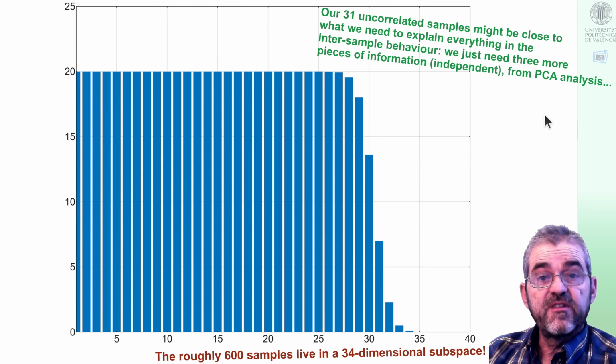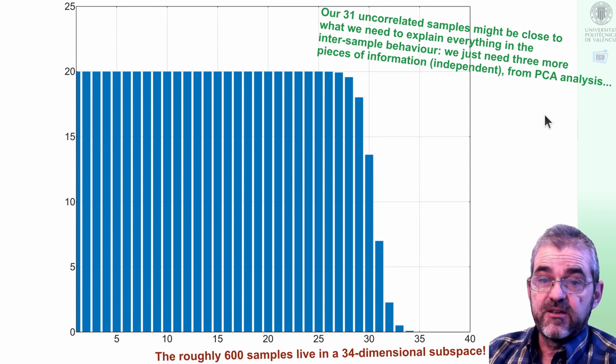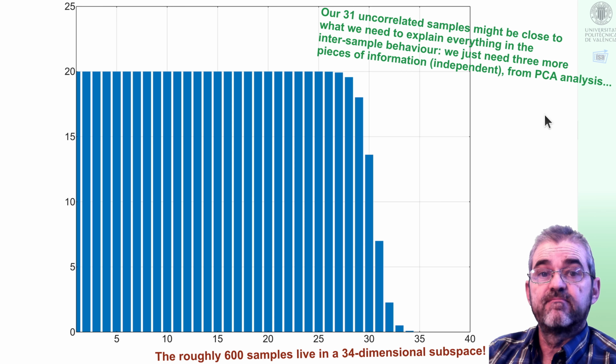So the interpretation of this bar graph is sort of the finite sample version of Shannon theorem. Knowing 34 independent random numbers, we can reconstruct the whole 600 of them.